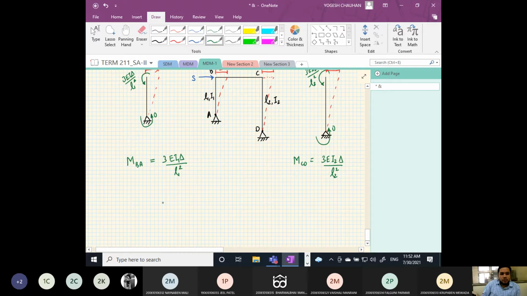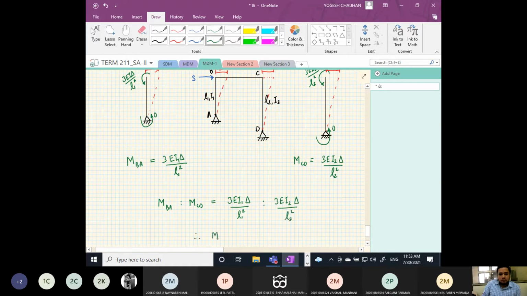Now these moments are proportional. MBA is proportional to MCD, which is 3EI1 delta by L1 square is proportional to 3EI2 delta by L2 square.